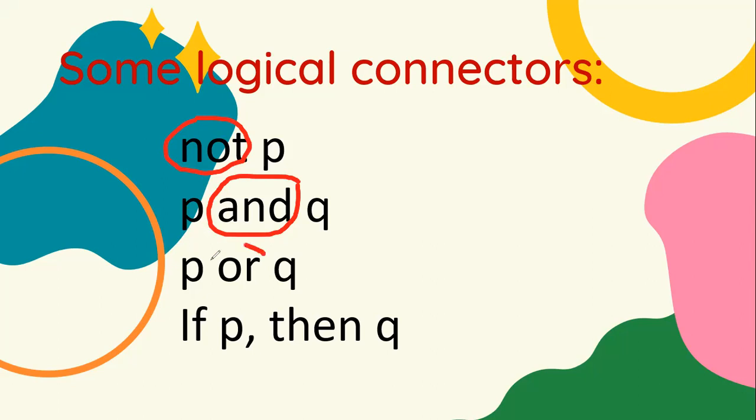Same case with the logical connector or. Lastly, the logical connector if then. We also have logical connectors like if and only if. Those are some of the logical connectors you will encounter as we go along with the discussion of logic for this morning.